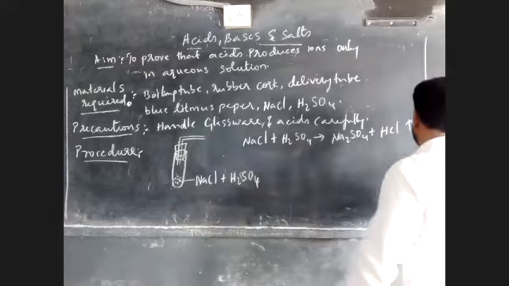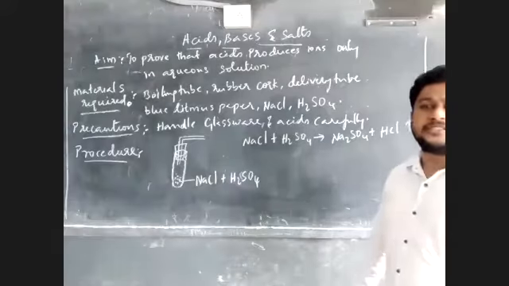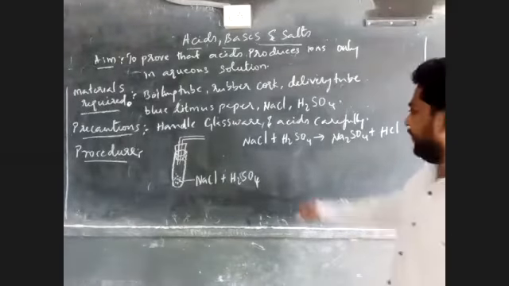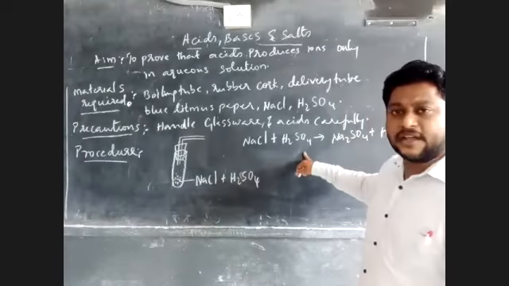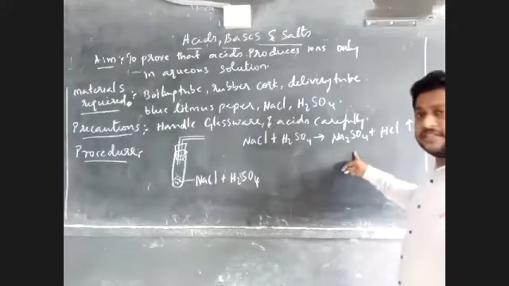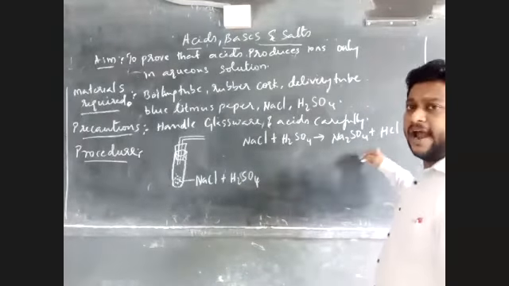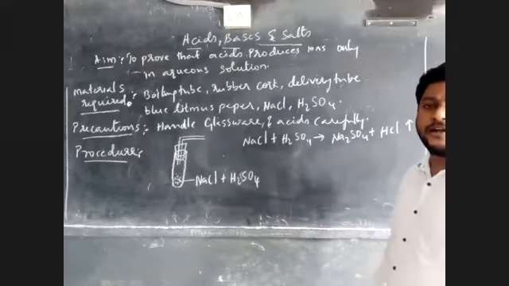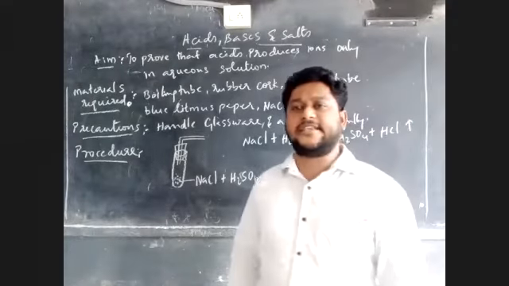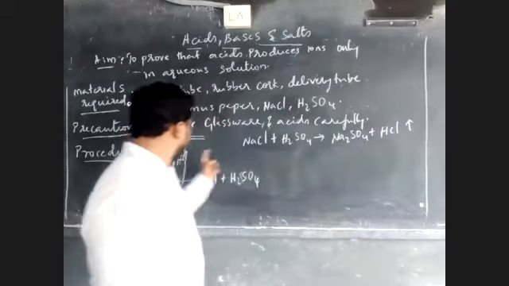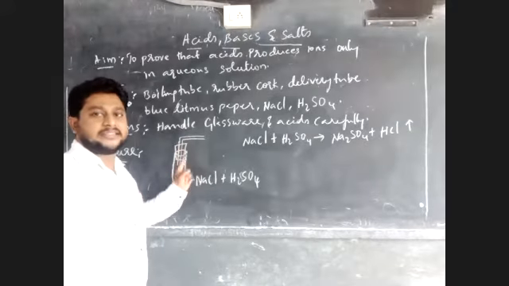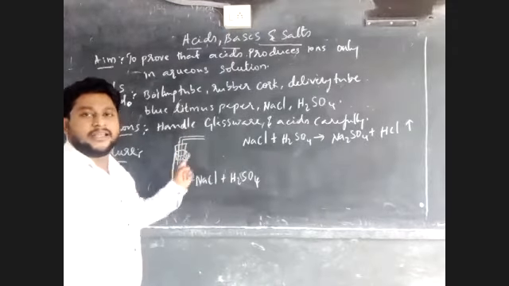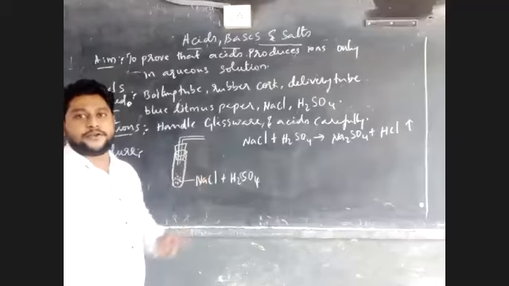When sodium chloride reacts with sulfuric acid, it produces Na2SO4 and HCl gas. The gas is evolved and released out through the delivery tube.